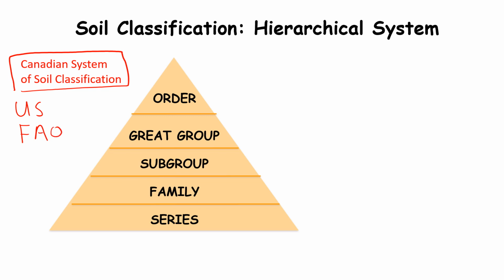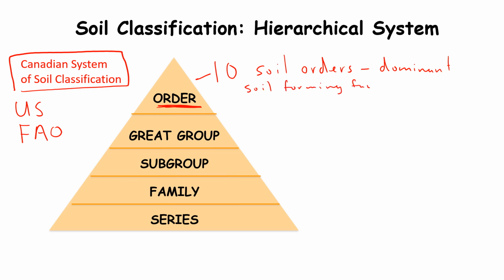And so a hierarchical system can basically be represented as a pyramid with, at the very top, the highest level, which is order in the Canadian system. There are 10 soil orders in Canada, and they represent the dominant soil forming factor.